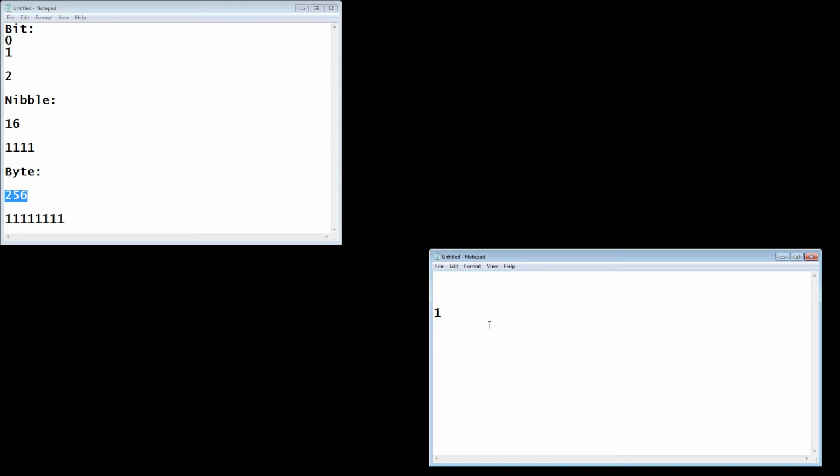All right, so 1 is our first, and it will always be our first for any base number system we use. Since we're using the base 10 number system, we need to look at how many possible values we can have for each character.